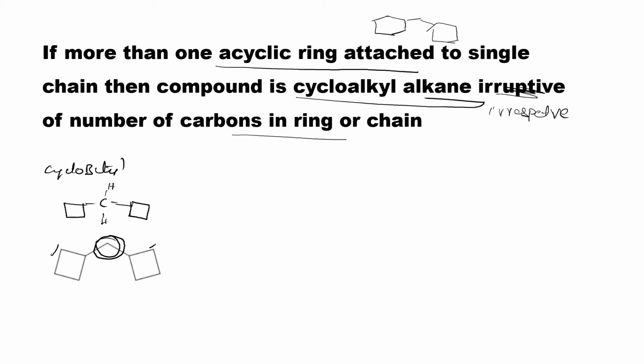Hence it can be written as 1,1-dicyclobutyl methane. That's the name of this compound. Why have I written it like this? Because these two cyclobutyl rings are attached to this methane carbon atom. That's why I wrote 1,1-dicyclobutyl methane.